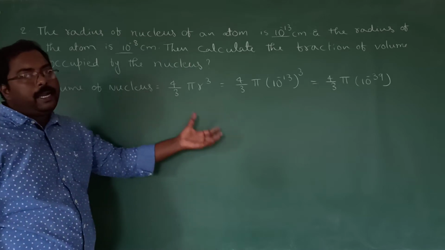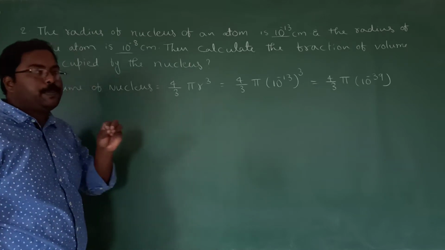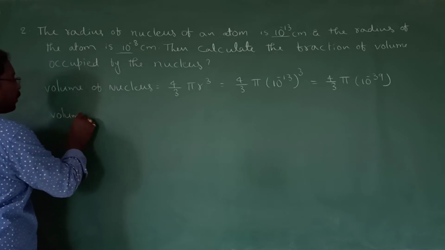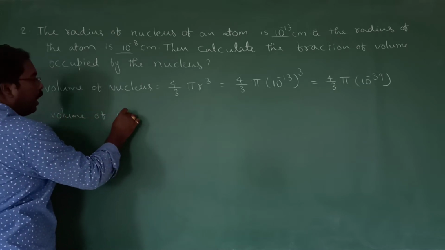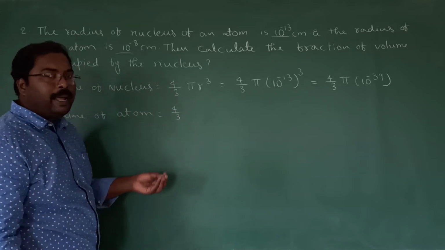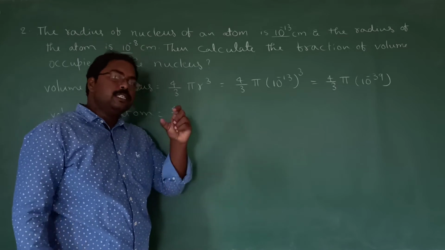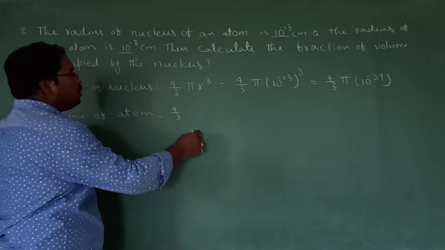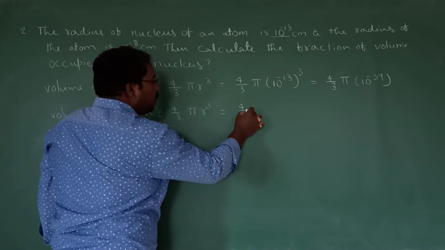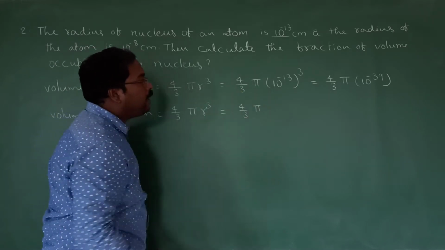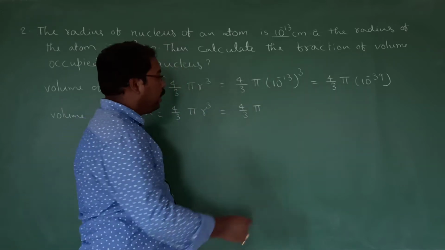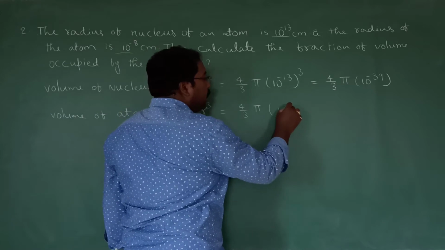What do we need to find next? Volume of the sphere. Now let us calculate the volume of the atom. Same formula, because both the atom as well as the nucleus are spherical in shape. That is why I did not do any calculations regarding 4 by 3 and pi, let them stay like that.